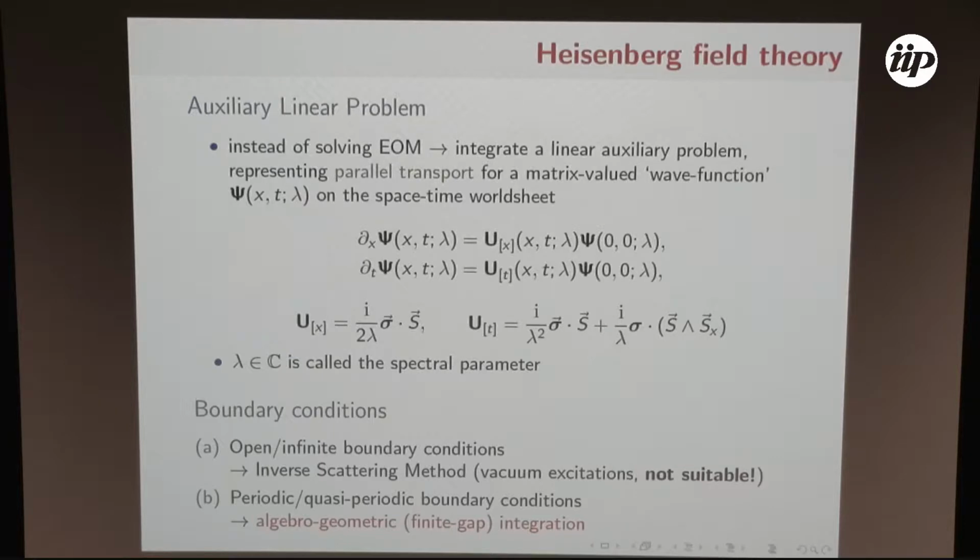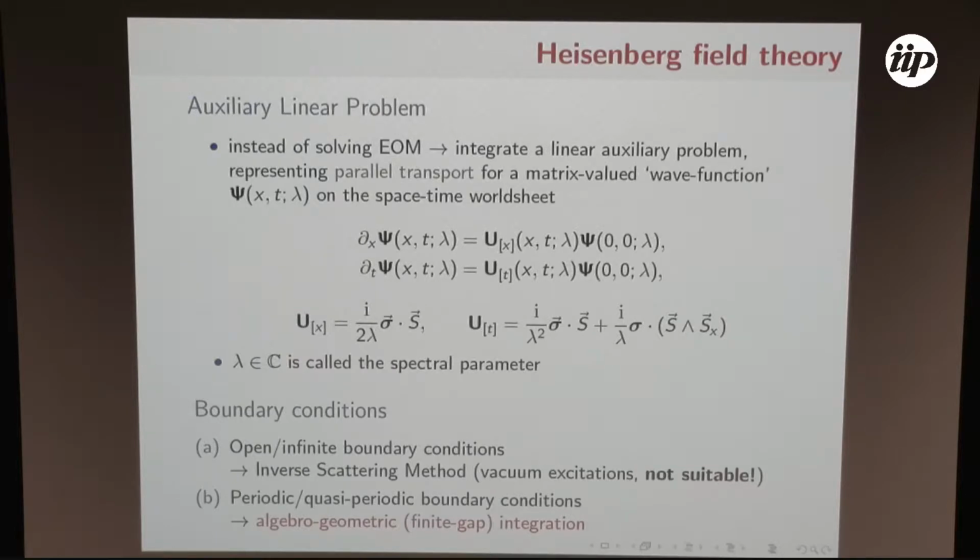Now, in order to completely fix the problem, one has to moreover choose the boundary condition. Typically there are two possibilities. Most common in the literature is to assume open or infinite boundary conditions, which is to say that far to the right and to the left the spin field just aligns along a fixed direction, say the z direction.